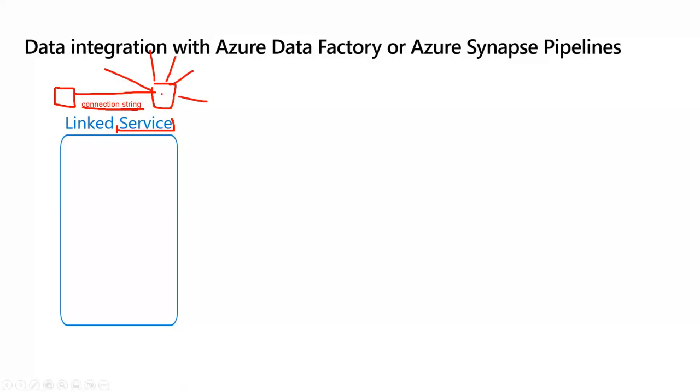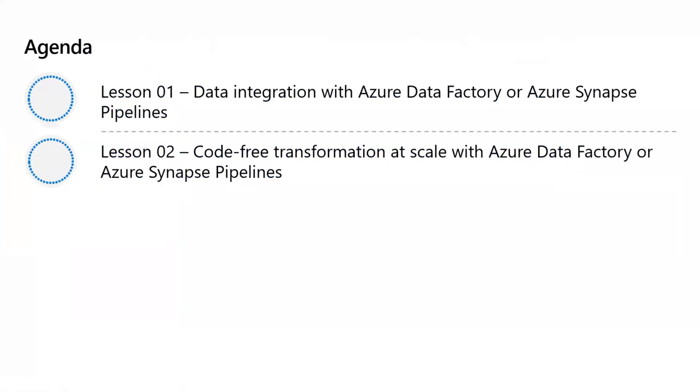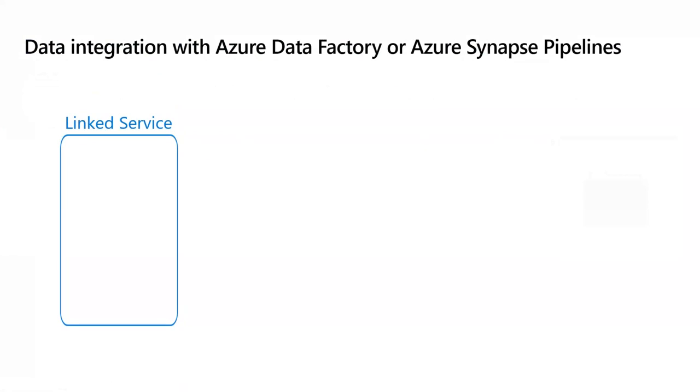You have to represent that as something that gets the connection, as with any other database connections you may have seen. Within the linked service, you're going to connect a data lake storage, for instance.